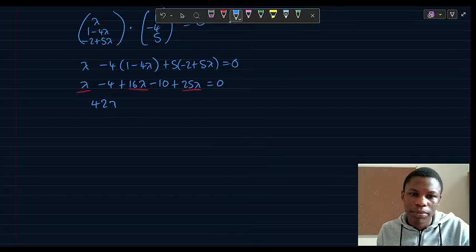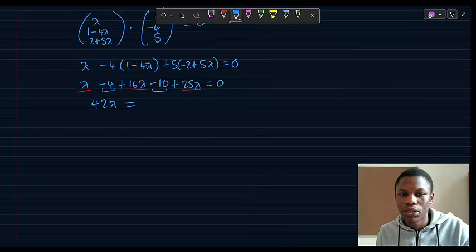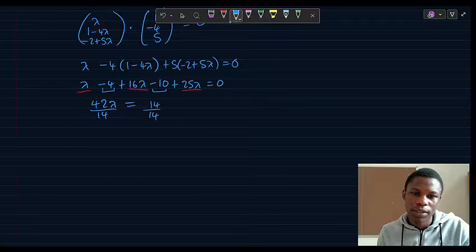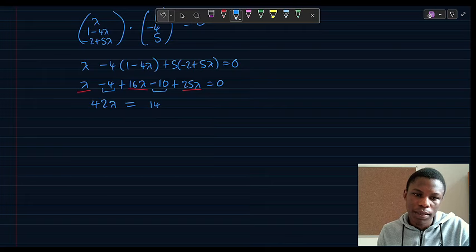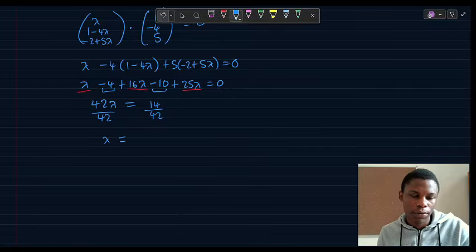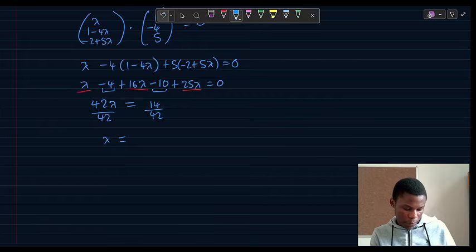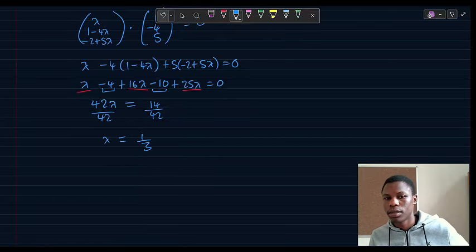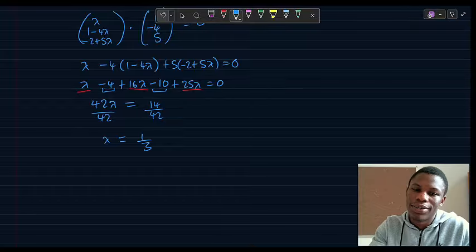So 42 lambda is going to be equal to, we've got negative 4, negative 10, so negative 14. But if you move it to the other side, it's positive 14. And divide through by 42, to make lambda subject of the formula. So this is 14 over 42, that is 1 in 3. So our lambda is a third.